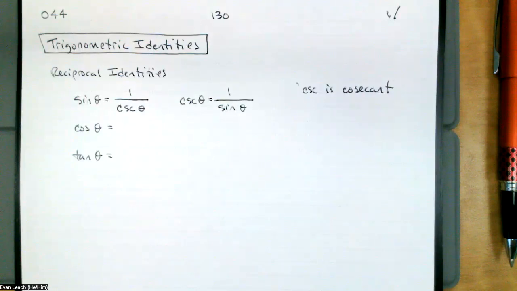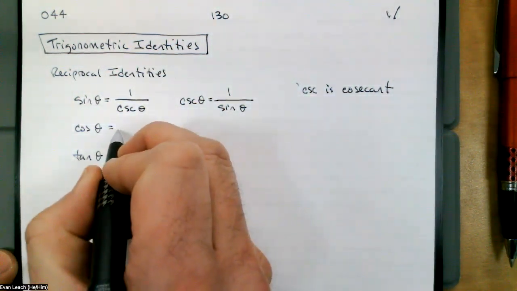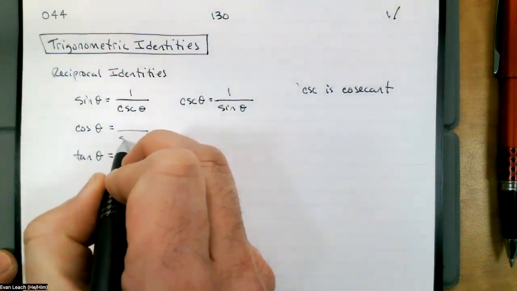We can describe this relationship by saying sine and cosecant are reciprocal. That's a little bit casual, but it gets the job done. Cosine and secant are reciprocals. So cosine is 1 over secant.